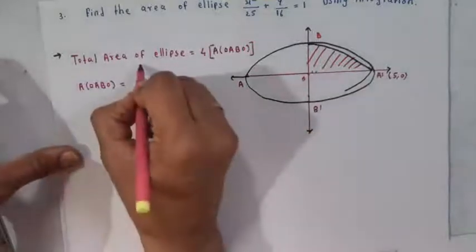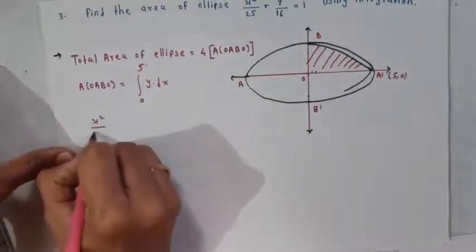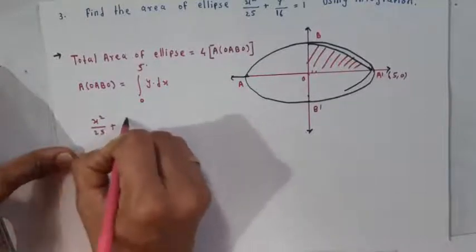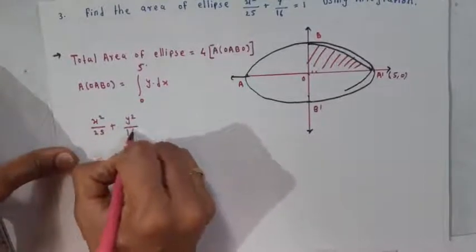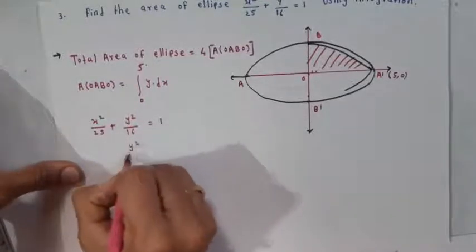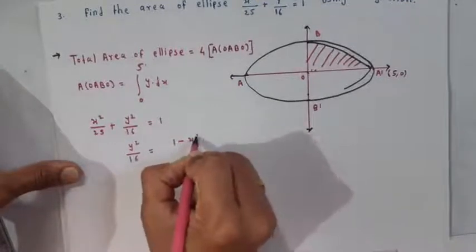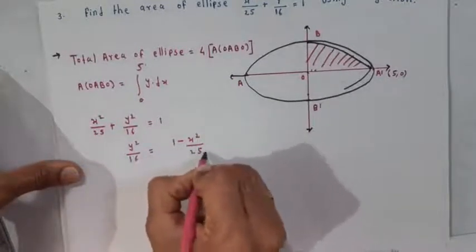Now the equation is x square upon 25 plus y square upon 16 equal to 1. This implies y square upon 16 equal to 1 minus x square upon 25.